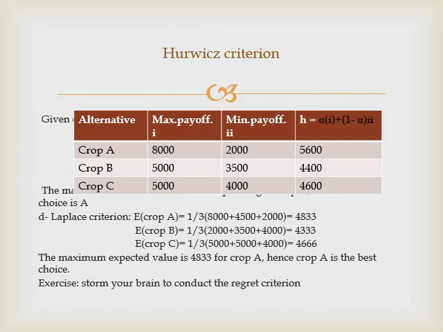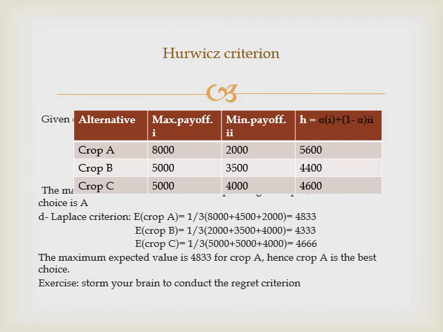For group C, again 1 over 3 multiplied by 5,000 plus 5,000 plus 4,000 equals 4,666.